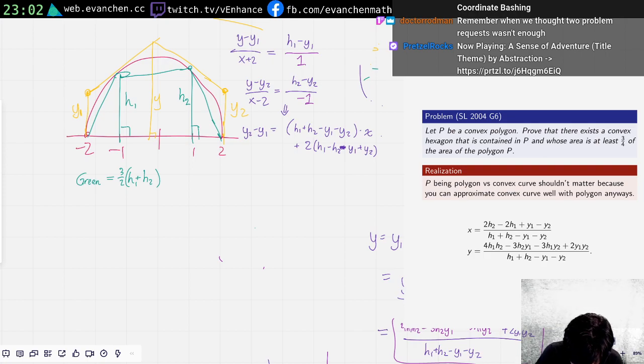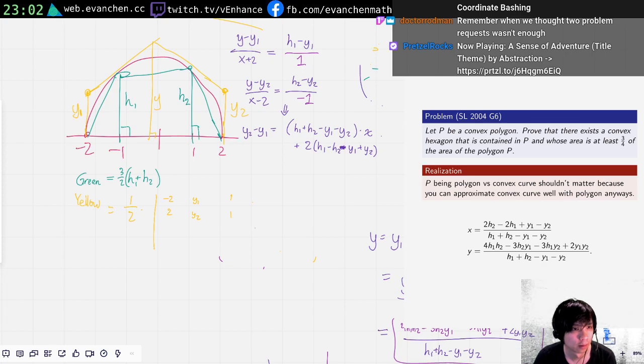And the yellow area by the shoelace formula is equal to some abomination, and I will now compute it. It is 1/2 times, okay, so that's minus 2y1 times 0 plus 2y2 times 0, not 0, I wish it was 0.